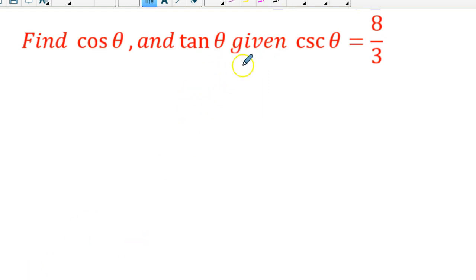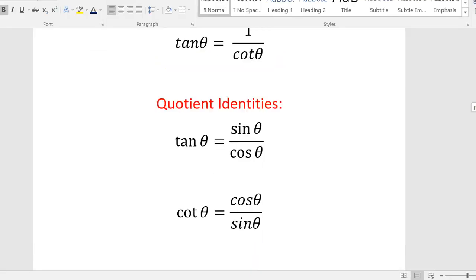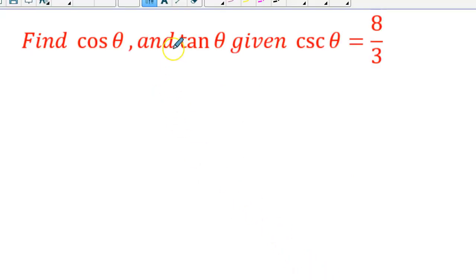Okay, now we know that cosecant is the reciprocal of sine theta, right? Sine theta is equal to 1/cosecant. So whatever you have as cosecant, if you flip it over, if you take its reciprocal, you are going to get the sine of it, right?